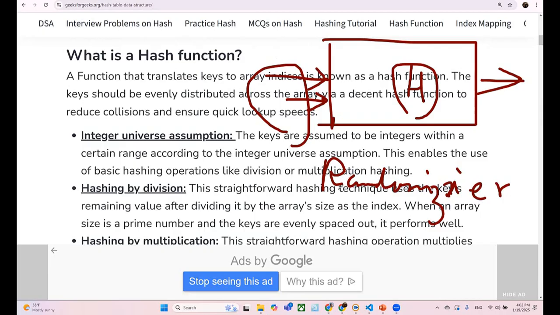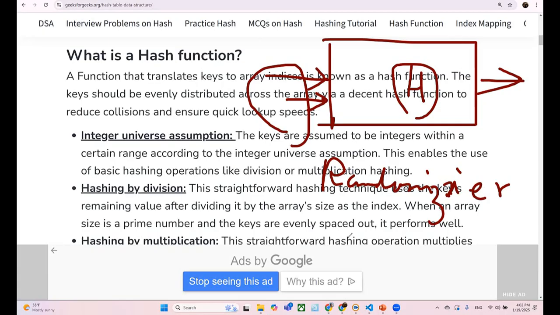Okay. It's a randomizer function. So basically, this hash function is similar to the so-called cryptography.